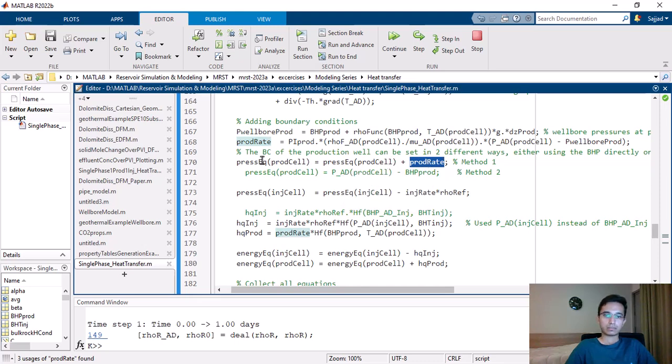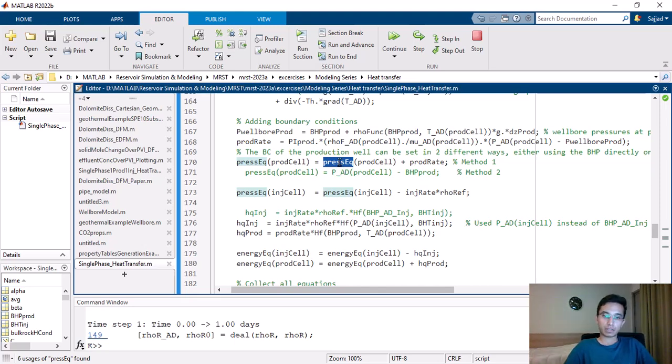All right, great. So you might be wondering, even though we are producing fluid from that grid cell, why do I add this value to the pressure equation? Because when we usually talk about fluid production, we do subtraction. We subtract the mass that is produced from the equation.